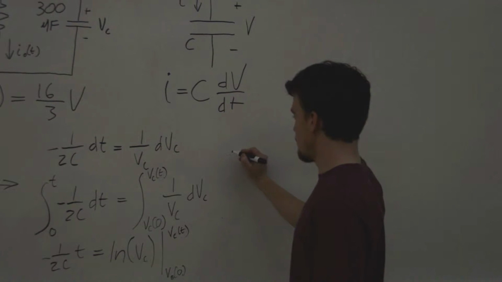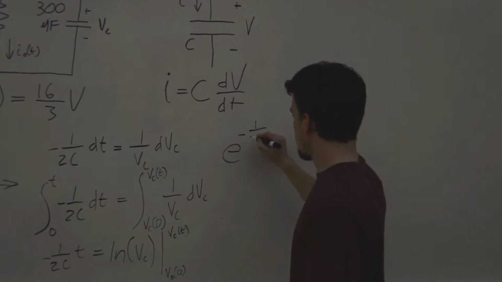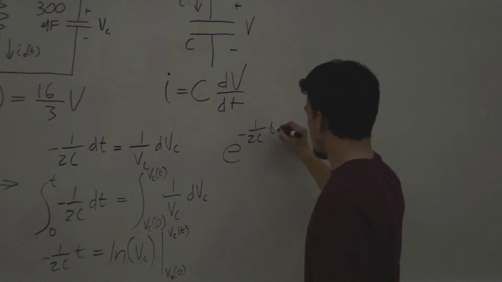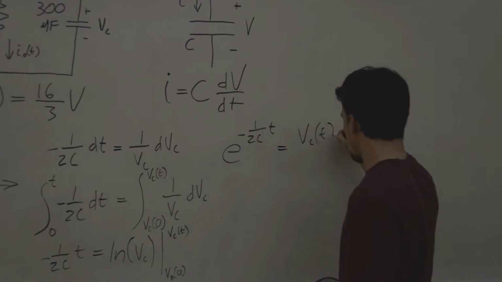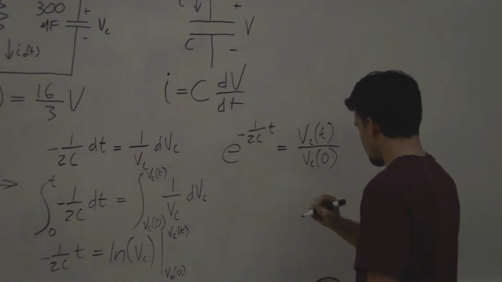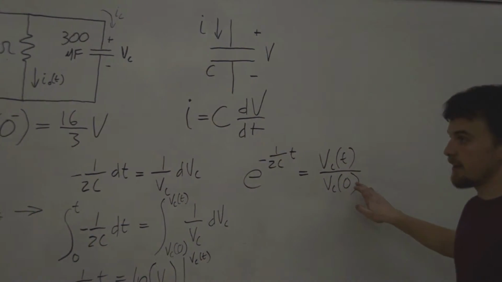That will result in, and we know a definite value for VC at time equals 0.